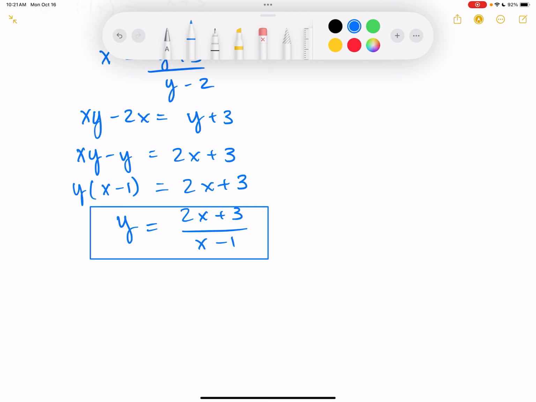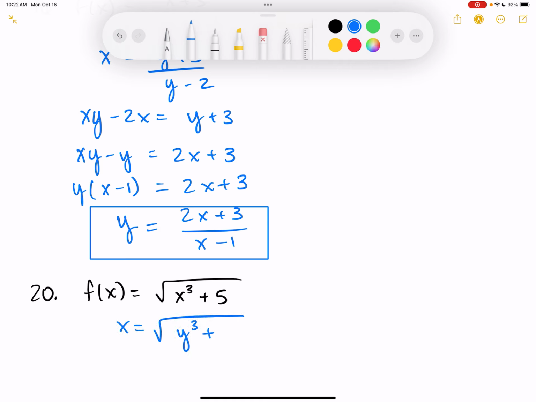If you have something like number 20, f of x is equal to the square root of x cubed plus 5. Still swap x and y. So x is equal to the square root of y cubed plus 5.